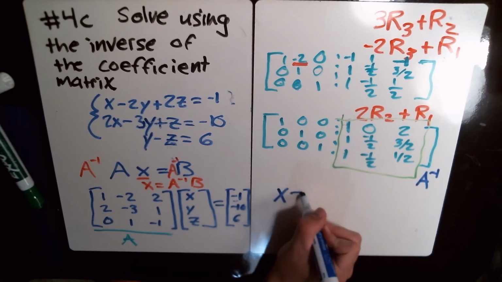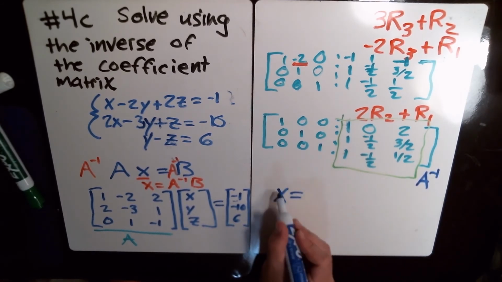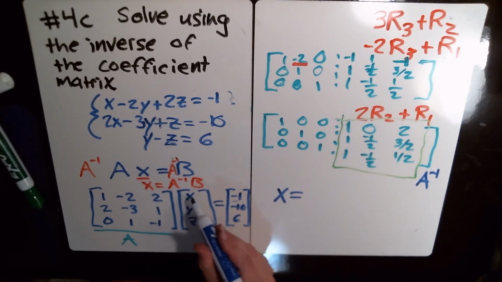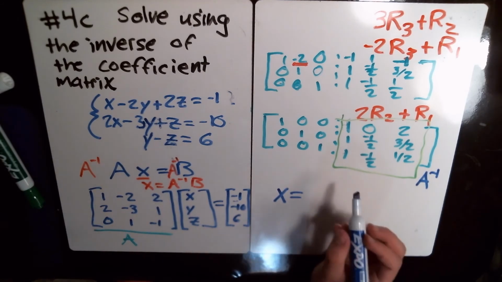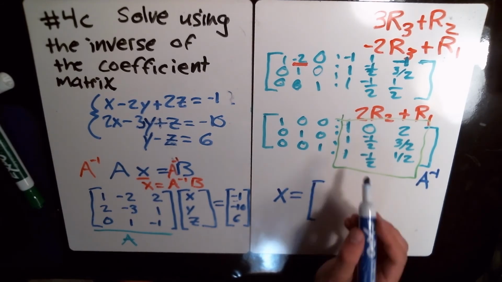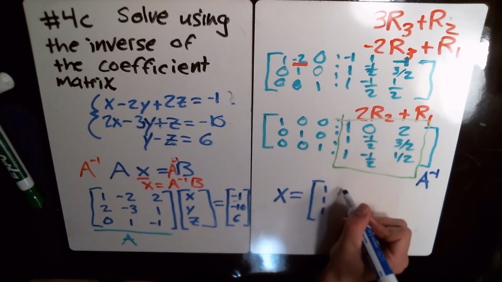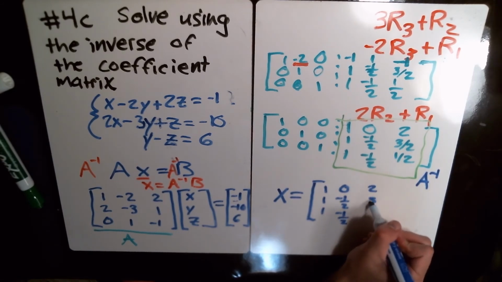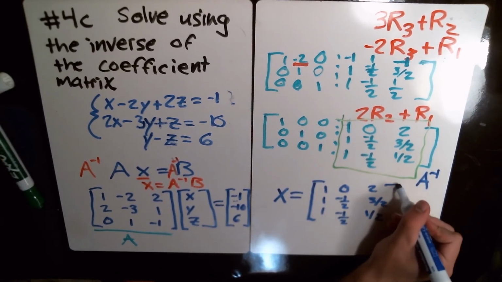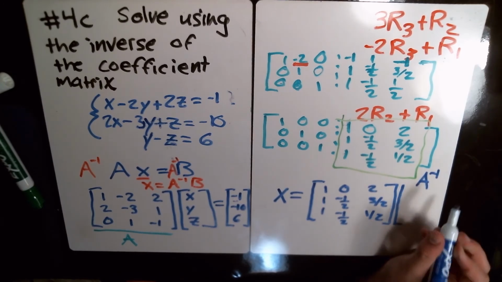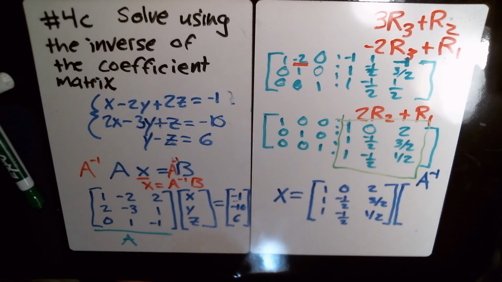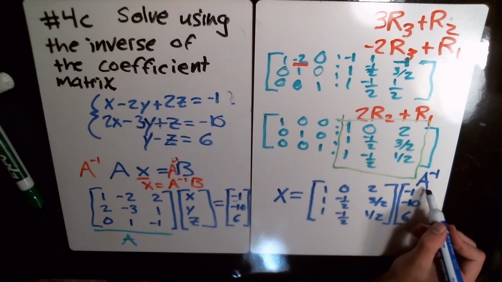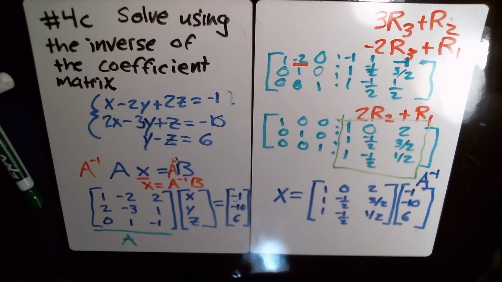And so I will essentially get that x, which is a vector, a column matrix containing x, y, and z, is equal to we take our inverse matrix, 1, 1, 1, 0, negative 1 half, negative 1 half, 2, 3 halves, 1 half, and we're going to times it by negative 1, negative 10, and 6. Okay?